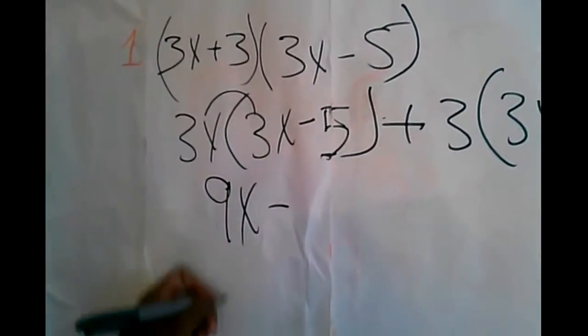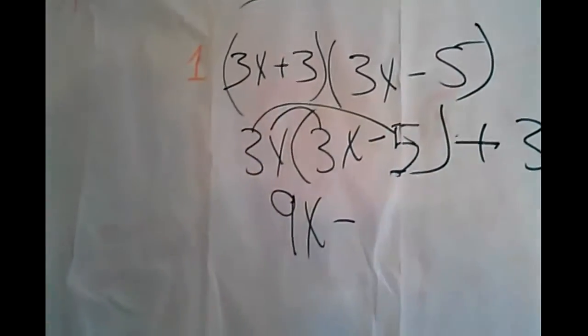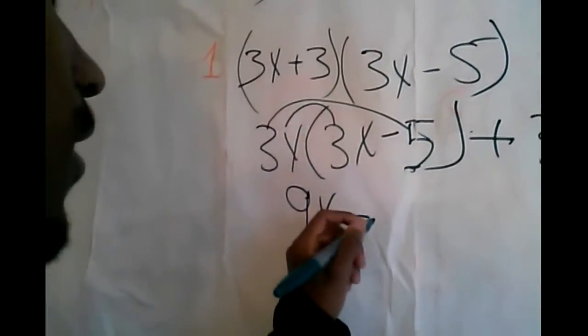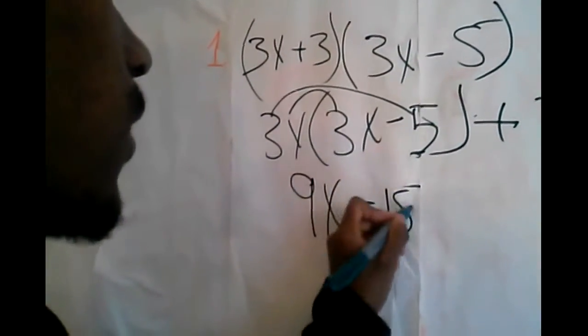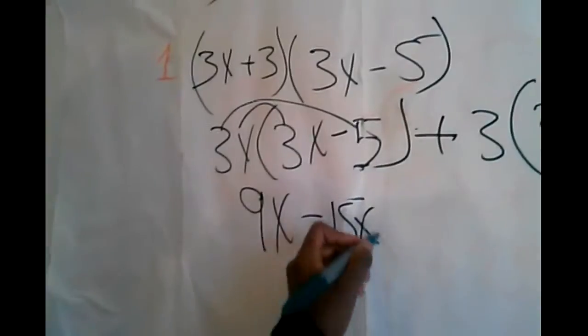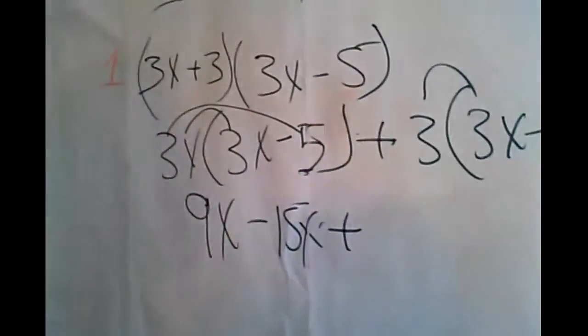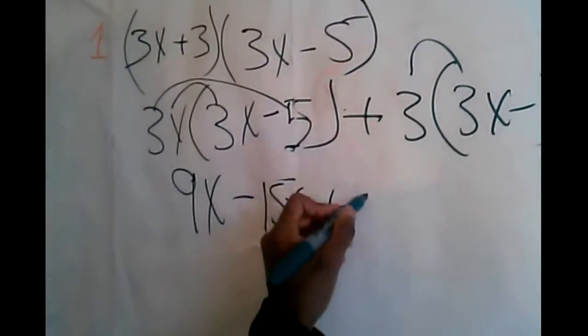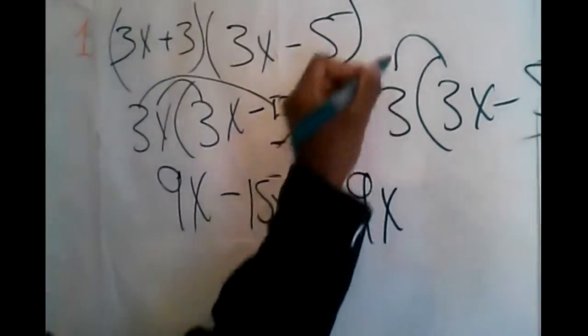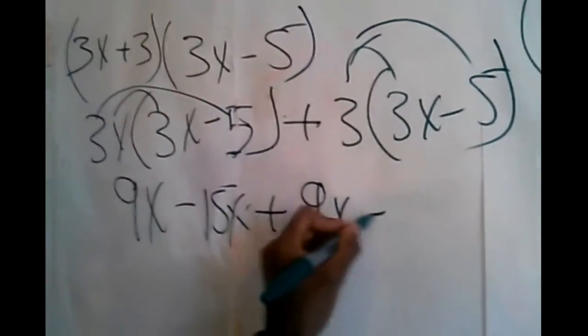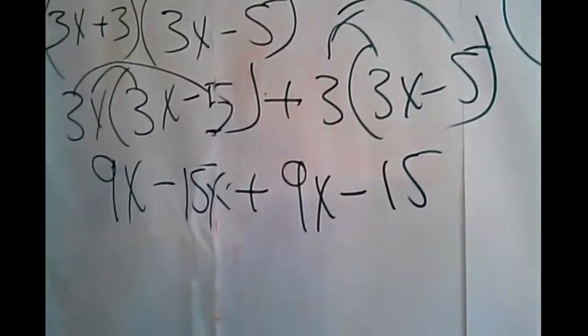Alright, minus 3x times 5 is 15x. Alright, plus 3 times 3x is 9x, and then 3 times 5 minus 15.